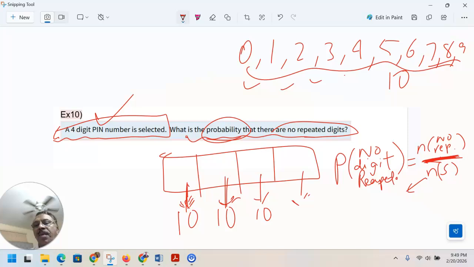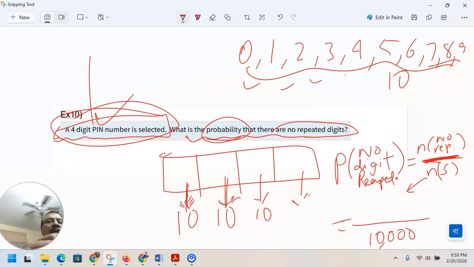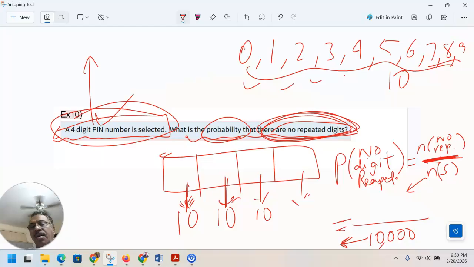So 10 times 10 times 10 times 10, you're going to get 10,000. 10,000 will be all possible options to make a 4-digit PIN, with repetition or without, all possible outcomes. But the ones with no repetition will be different. For this one you can't use permutation or combination, just 10 times 10 times 10 times 10.